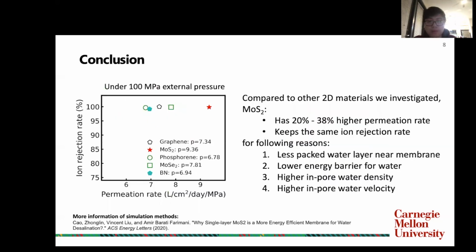So in conclusion, we found that MoS2 has a 20% to 38% higher permeation rate than other 2D materials such as graphene, phosphorene, boron nitride, and MoSe2. It also keeps the same ion rejection rate compared to the other materials.